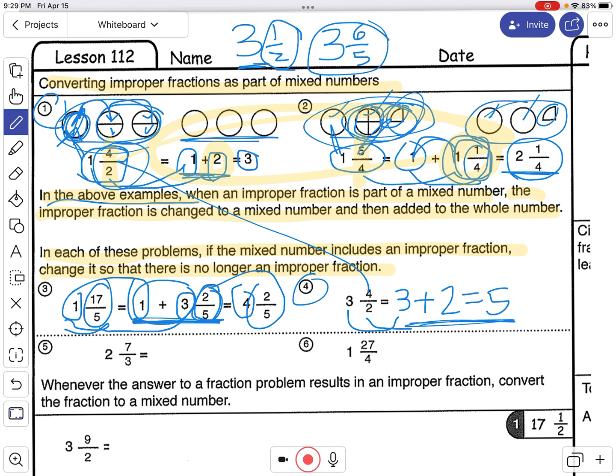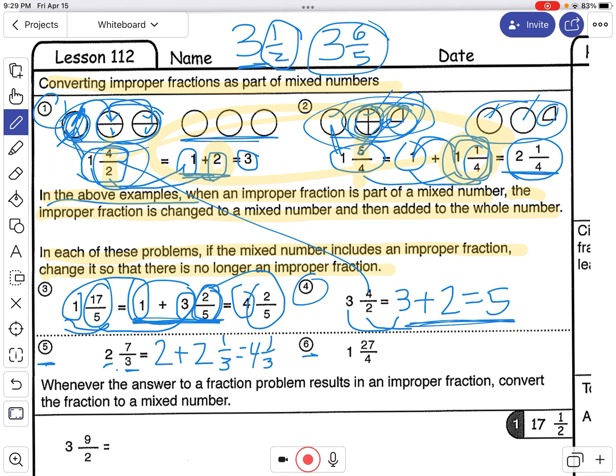Okay, pause the video and go ahead and do number 5 and do number 6. Okay, so you should have already done 5 and 6 before you watch me do it. Copy the 2 and then plus 7/3 is equal to 2, because 2 wholes, because 3/3 and 3/3, that's 6/3, that's 2 wholes, and then 1/3, which is equal to 4 1/3.